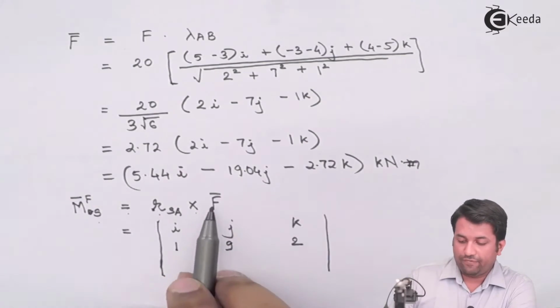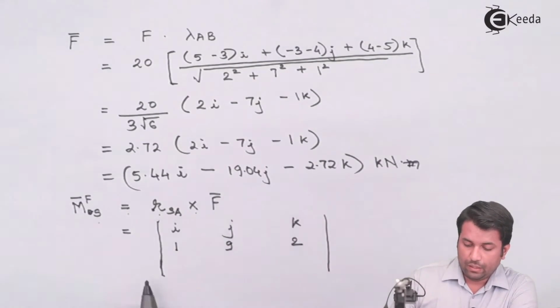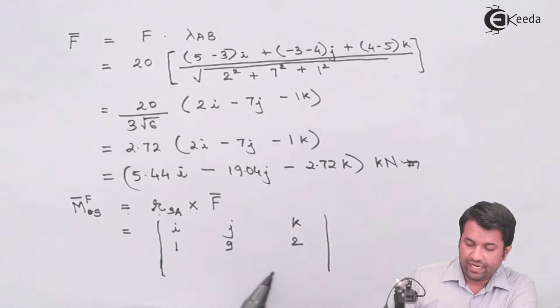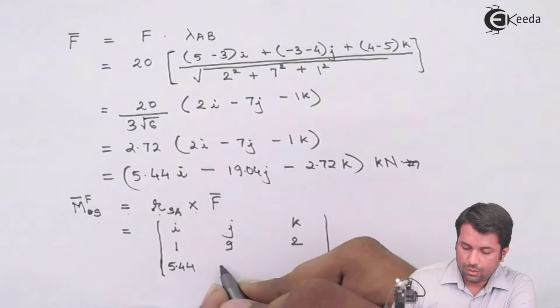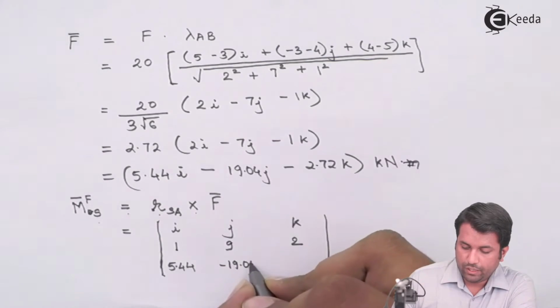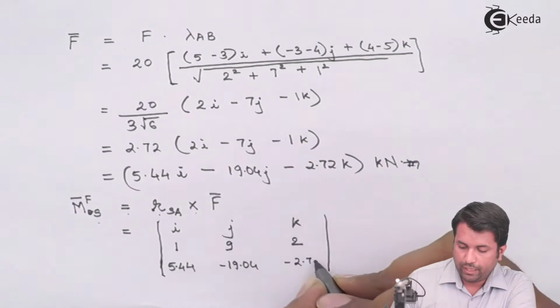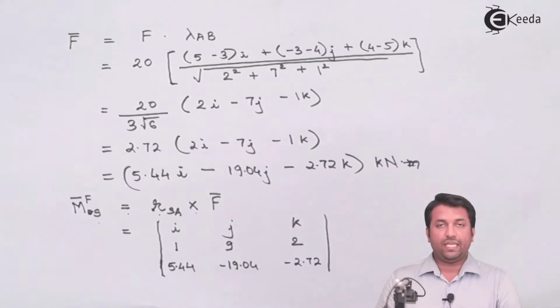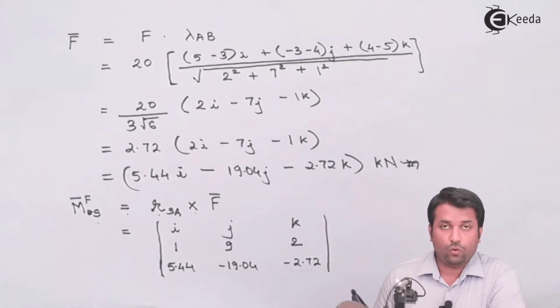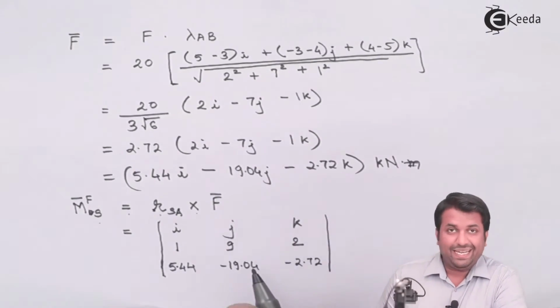The components for the F vector will be Fx, Fy and Fz, so that is nothing but 5.44, minus 19.04 and minus 2.72. Solving this will give me the moment vector of the force about point S.